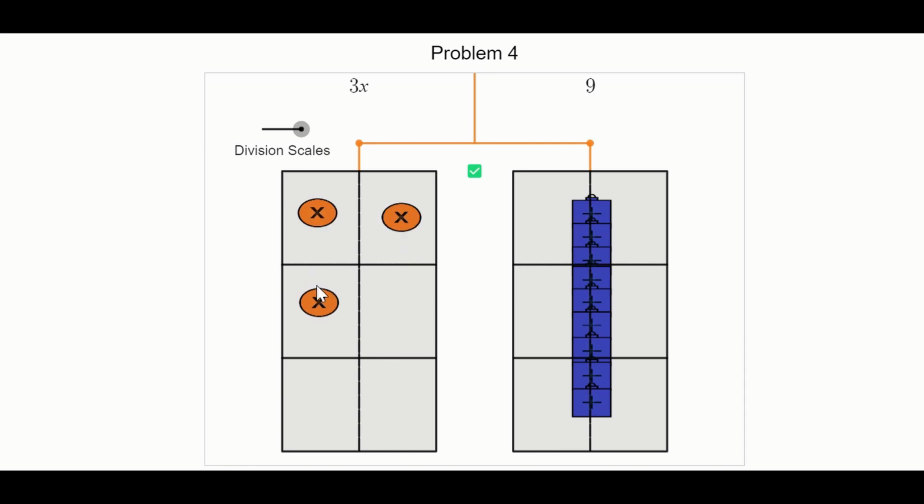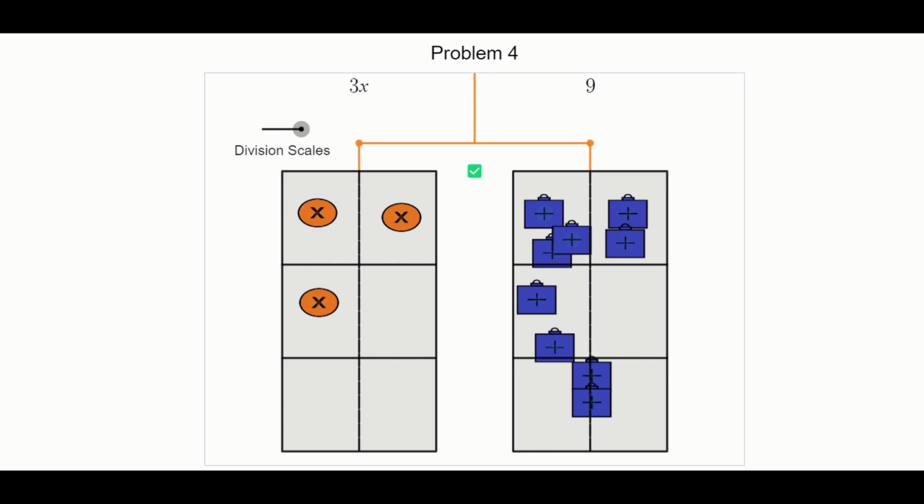But whatever we do to one side, we can do to the other side. So let's go and sort these into 3 equal groups. Notice that now that we sorted both sides into equal size groups, I see that in one section, this x weighs the same as 3 weights.